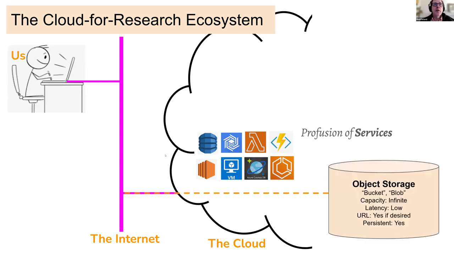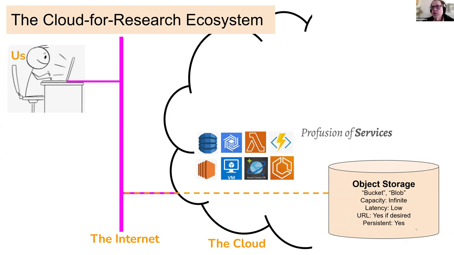We'll continue onward. Also inside the cloud is something called object storage, which one can think of as an infinite capacity disk drive that has fairly quick access, particularly within the cloud. And you can attach a URL, or in other words, a web address, to this object storage if you so desire. And I'll say more about that in a minute.